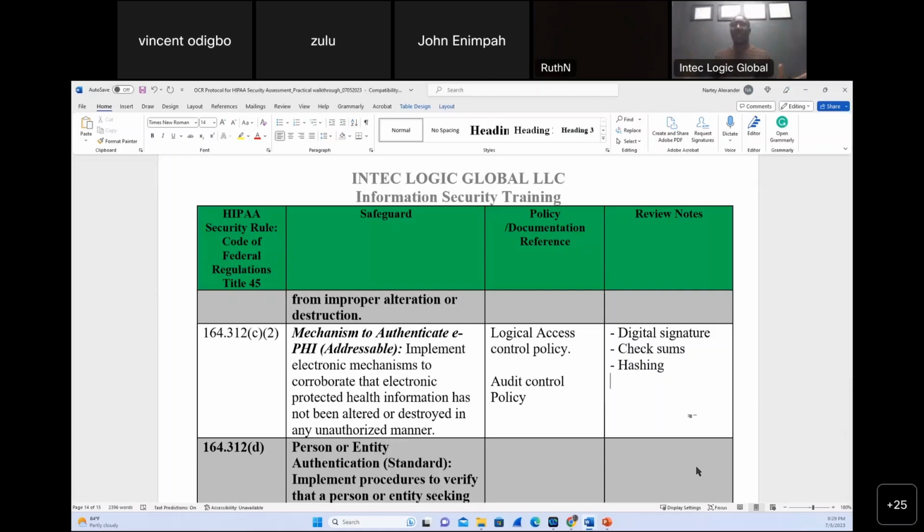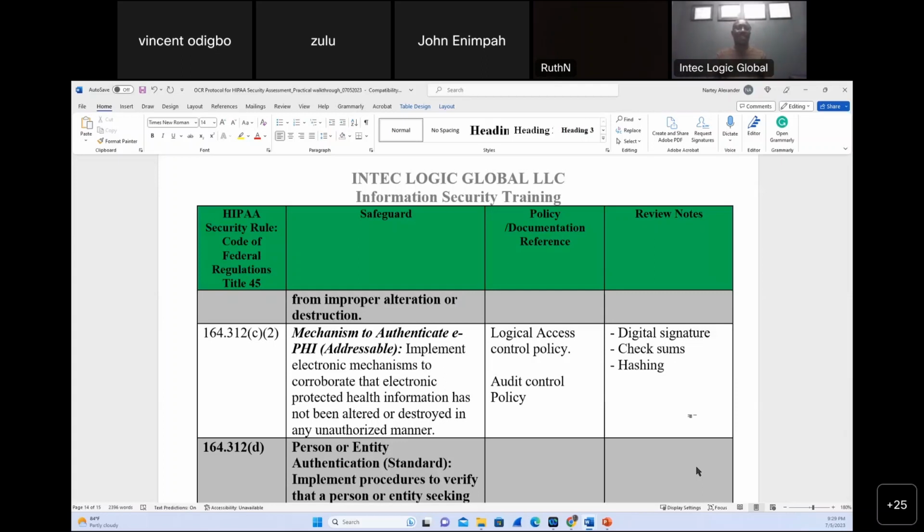This is true. Hashing. When you develop a software, they create a hash. The hash tells you that this is how the software is made up. Let's say maybe it's an application everybody is downloading and using, right?